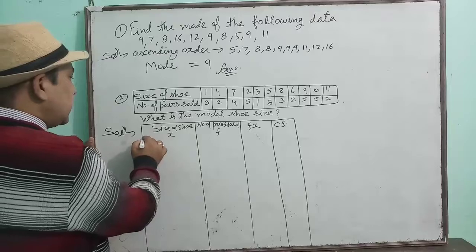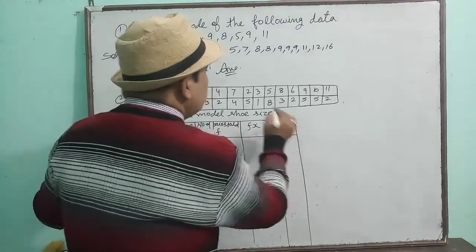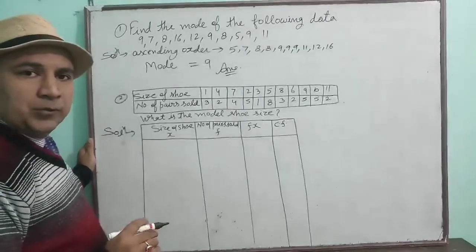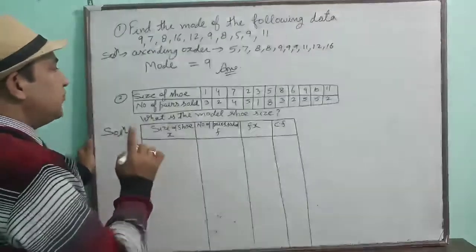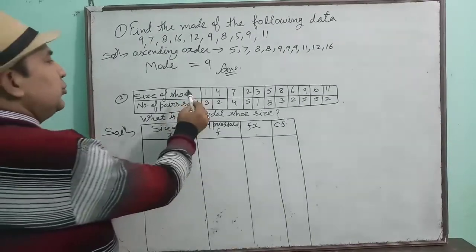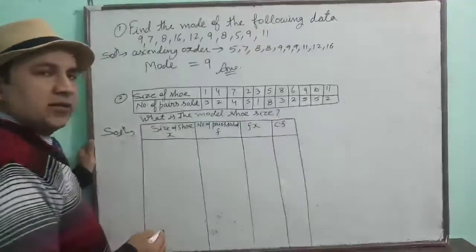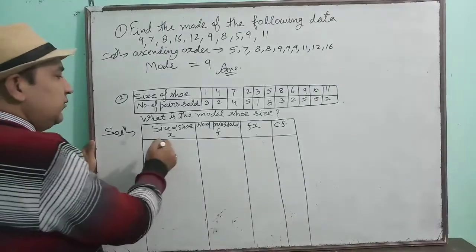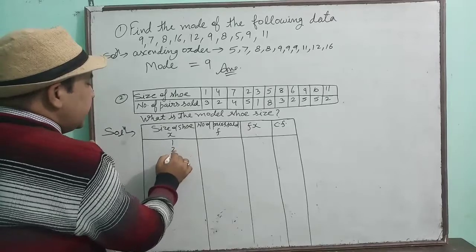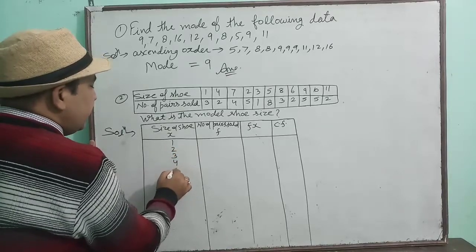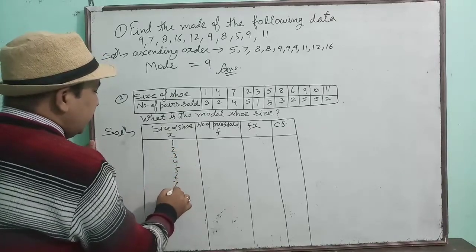That means we have to make these 4 columns to find the mode. One more important point: the observations are not in ascending order, but when you solve, it must be in ascending order. It is a very important point, children.